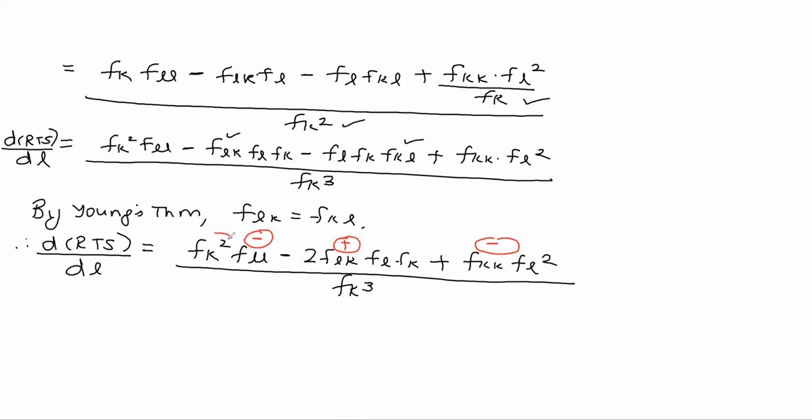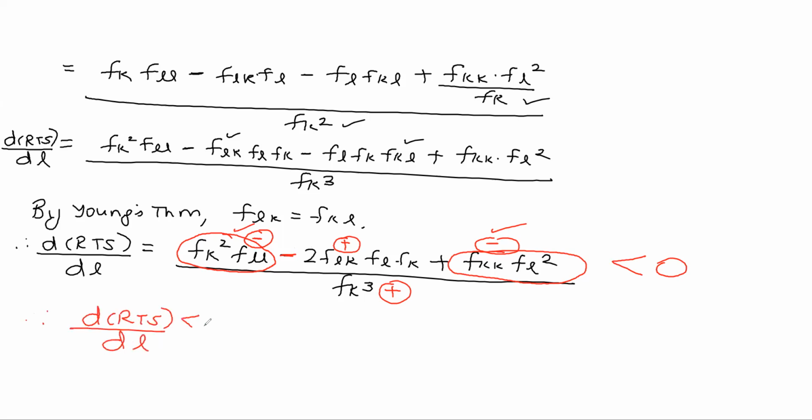That means this whole term is negative, this whole term is negative, and this is positive. So the sum of three negative terms is negative. The denominator is positive. So this whole term is again coming with a minus sign. So sum of three negative terms is negative. So what do we learn? dRTS by dL is less than 0.